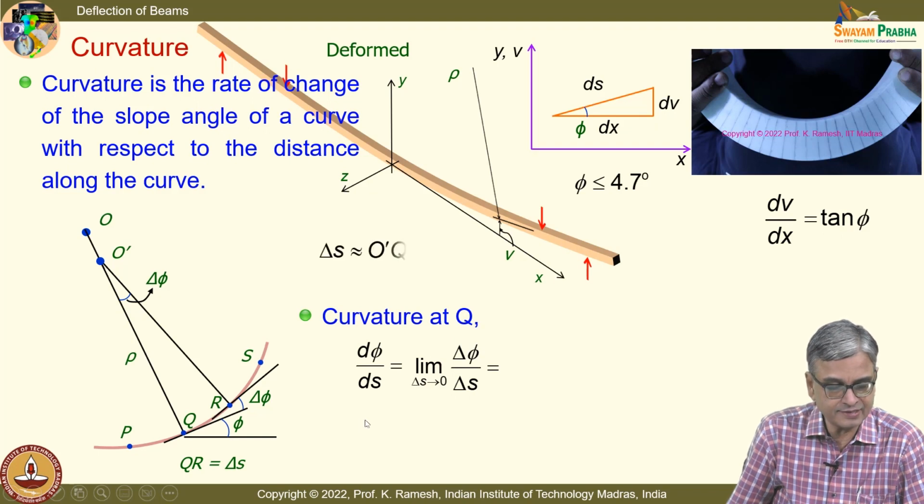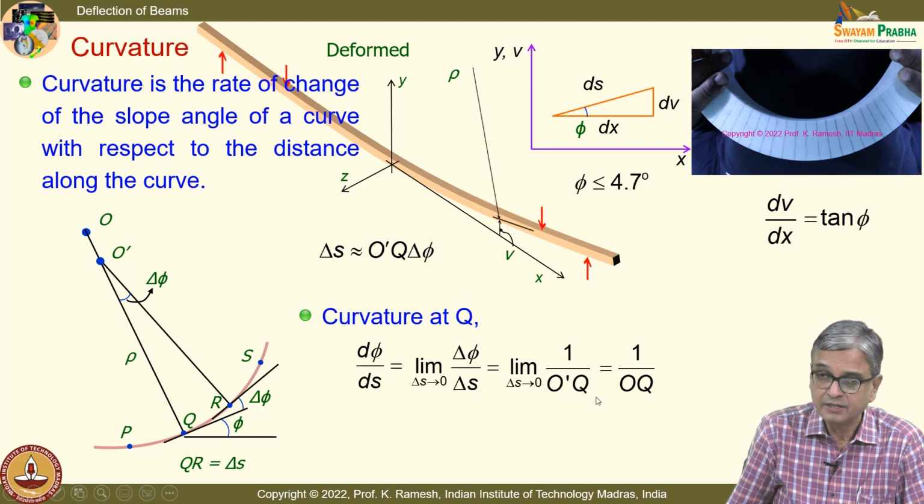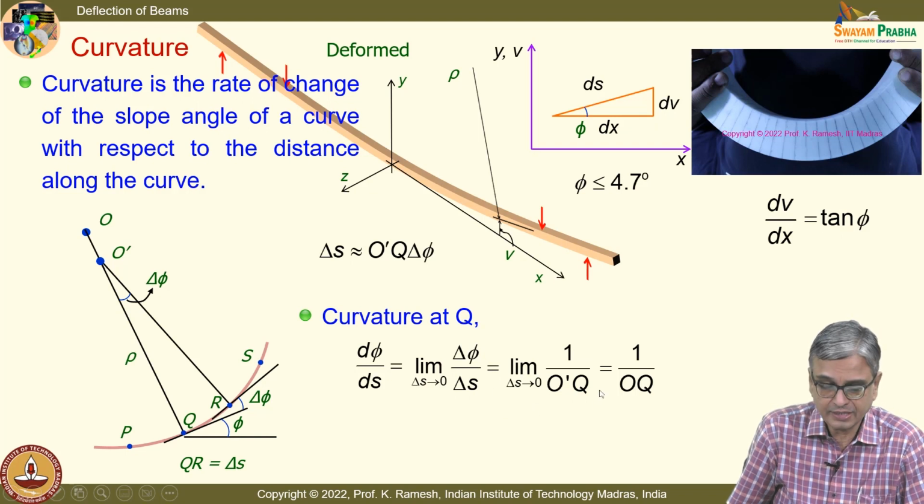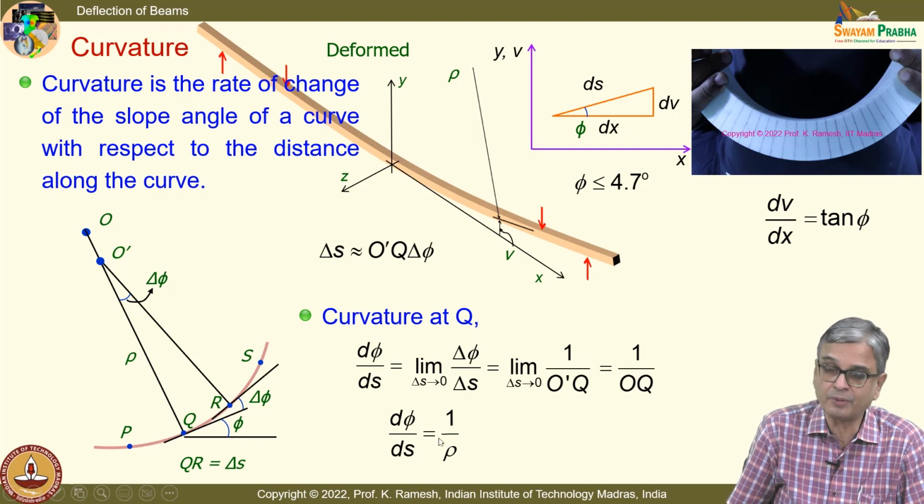And we have an understanding what is delta s. Delta s is QR. From this diagram, you can say it is O prime Q delta phi. So, I can write this as limit delta s tends to 0, 1 by O prime Q. Because we are talking about delta s going to 0, in the limit I can also write this as 1 by OQ. And we get the relationship d phi by ds equal to 1 by rho.